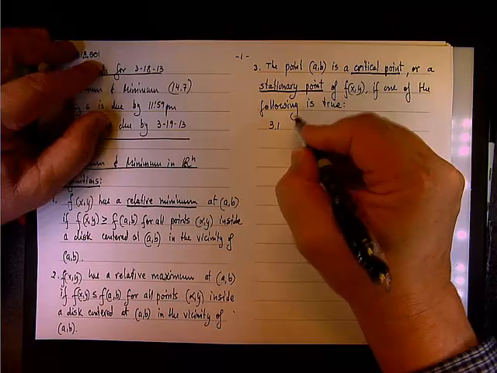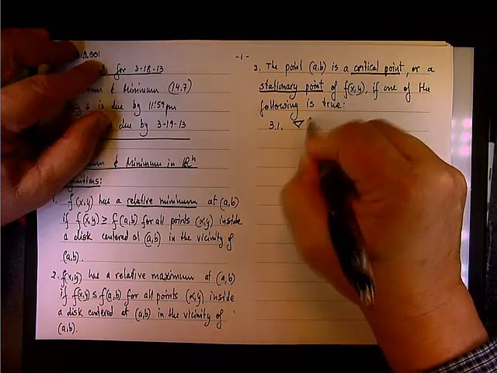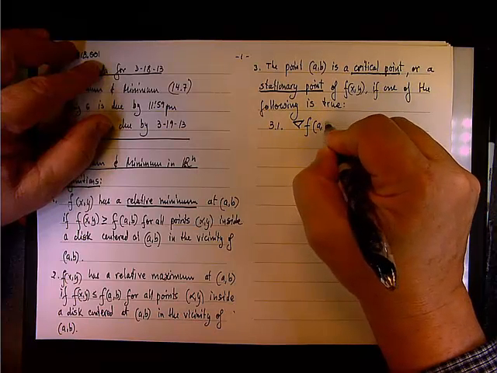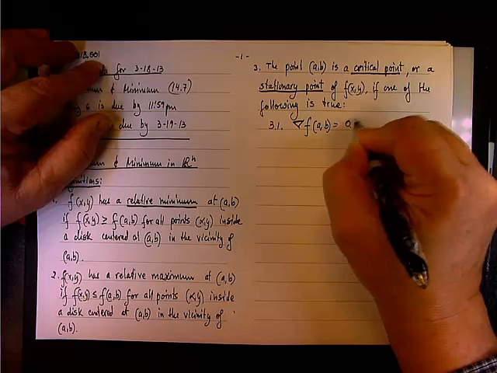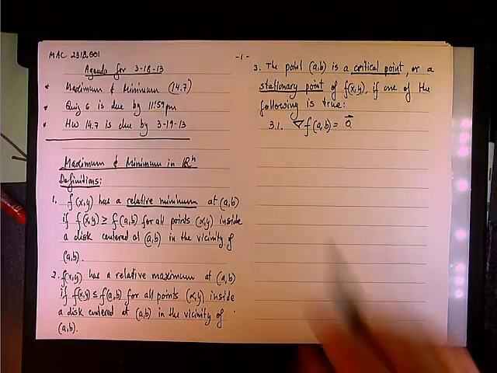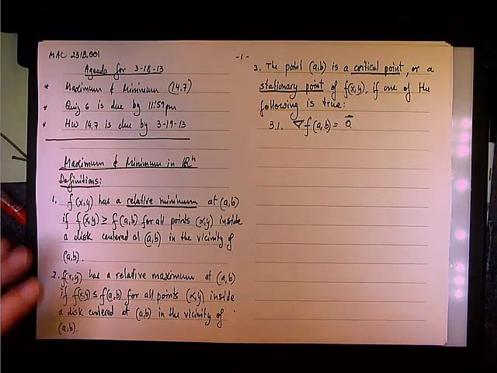So what we expect to be true, let's mark it as 3.1 and 3.2. The first one is that the gradient of f at a, b is the zero vector.